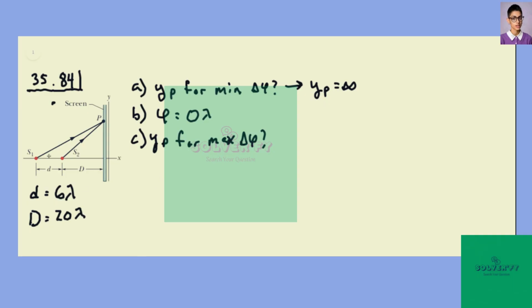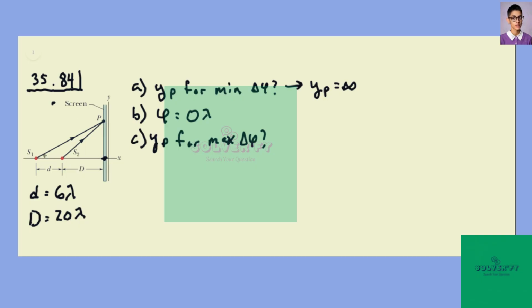So when we're at y equals 0, the path length difference is d, and you can determine, if you'd like to work it out explicitly, that this is the maximum path length difference.